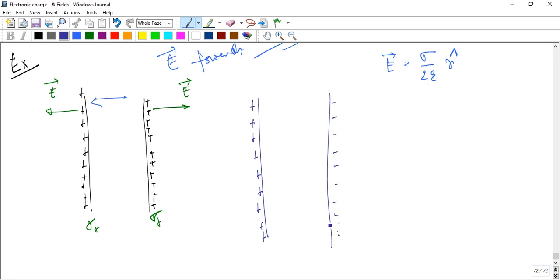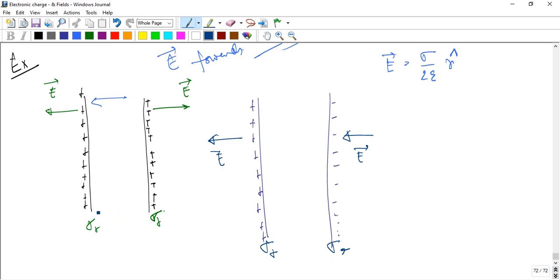So E in the outward direction is sigma plus, and the other is sigma minus, with the same density.